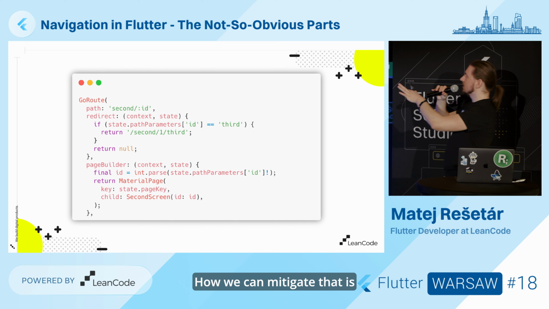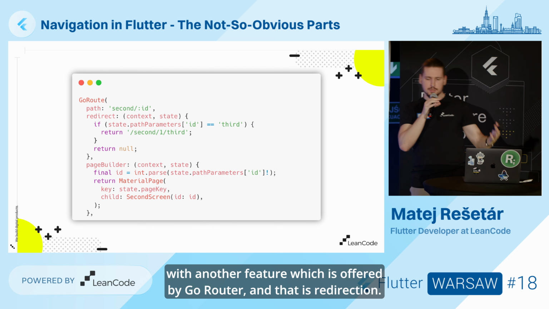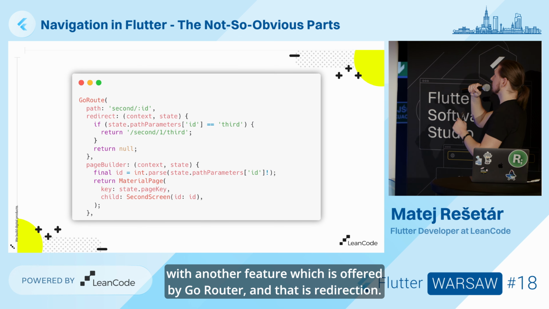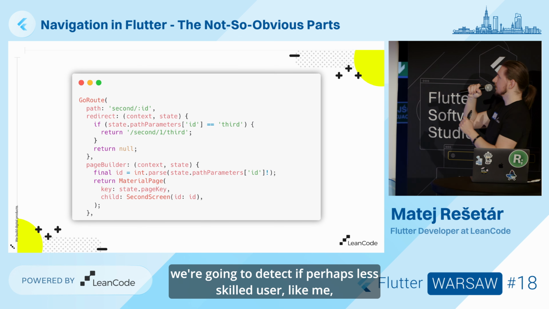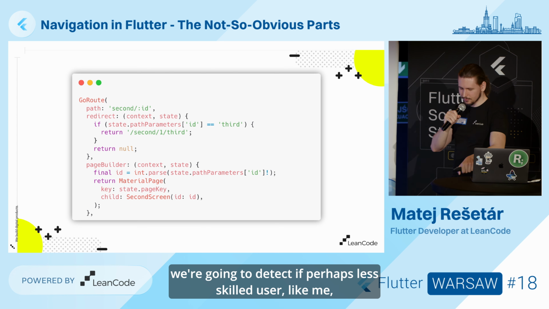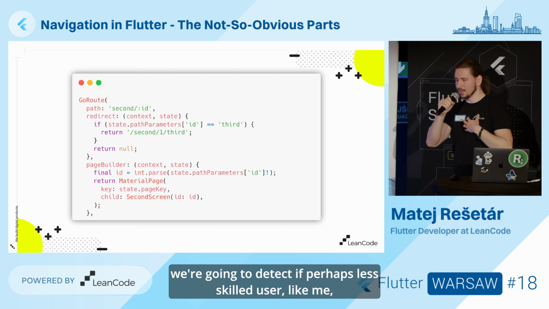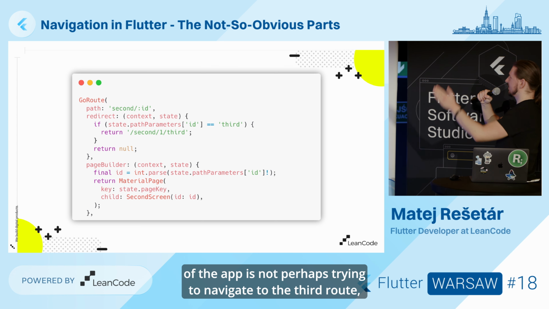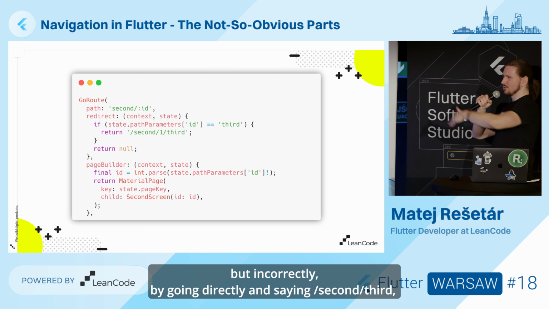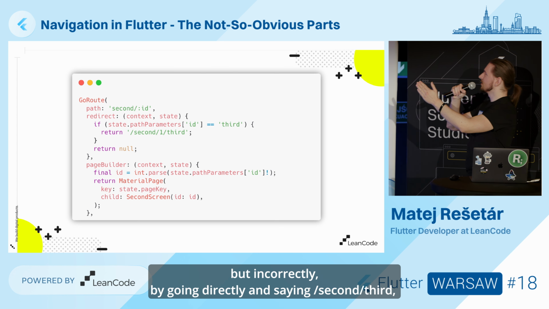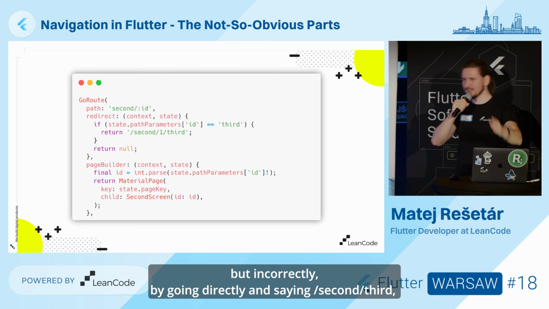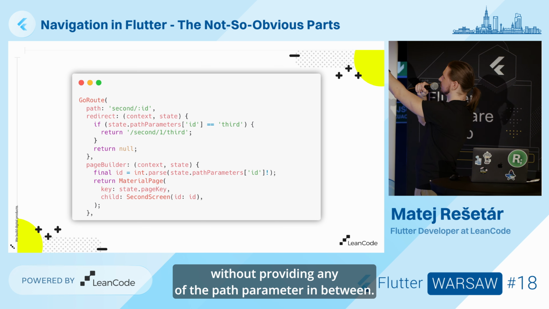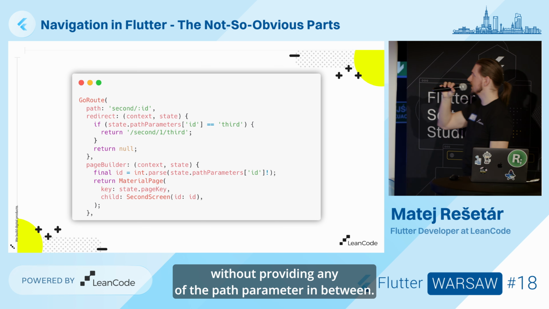So how we can mitigate that is with another feature offered by GoRouter, and that is redirection. In this case, we're going to detect if perhaps a less skilled user like me of the app is trying to navigate to the third route incorrectly by going directly to /2/3 without providing any of the path parameter in between.